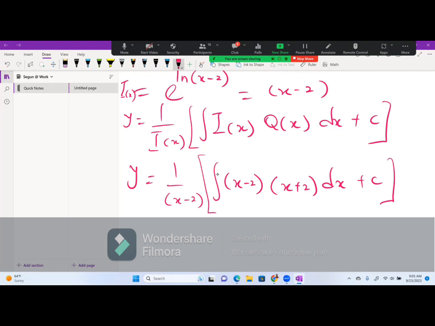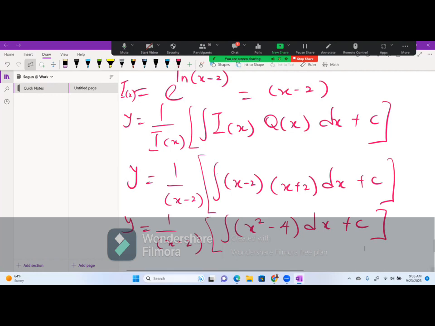So when you open the bracket, you still go back to the general one that says y equals 1 over x minus 2 times the integral of, when you multiply the two, x squared minus 4, dx plus c.